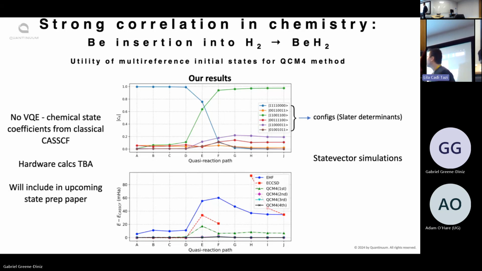That's right, but in this case, we just picked the coefficients from the CAS-SCF for those 2 determinants and then just renormalized. So again, QCM4 just needs some approximation to the ground state, and it can do well even if those coefficients are not exactly the coefficients it would have in the CAS-SCF.